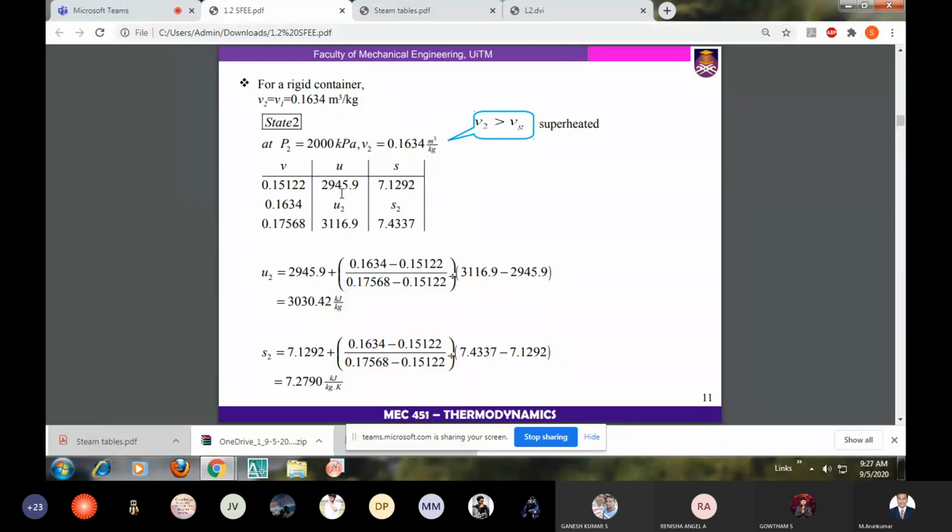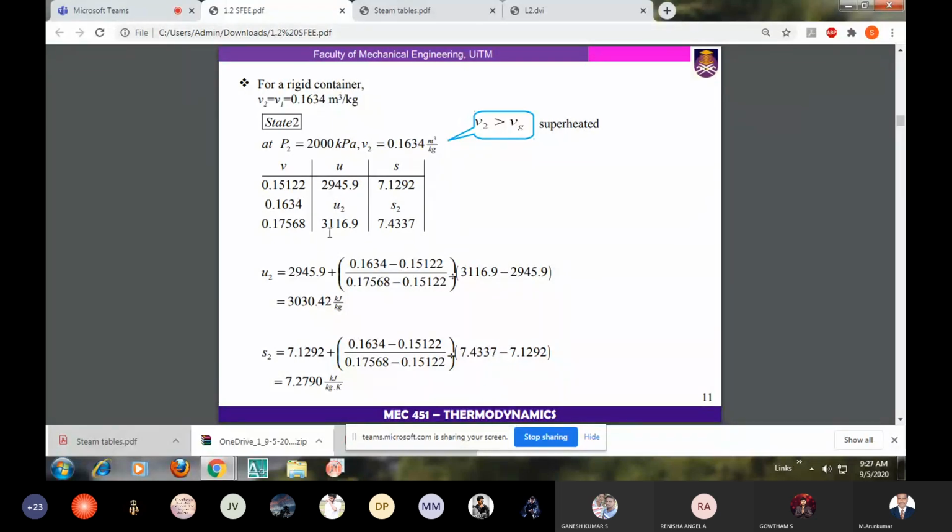U2 will be U1 plus V2 minus V1, the higher minus lower, divided by V3 minus V1, into the difference U3 minus U1.